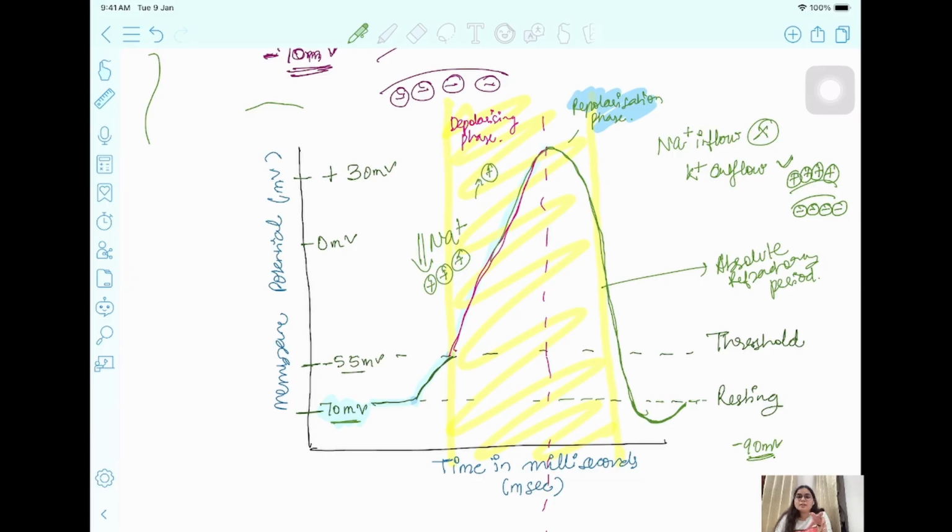Which means however strong a stimulus comes, a second action potential will not be generated when the neuron is already in its depolarizing and repolarizing phase.